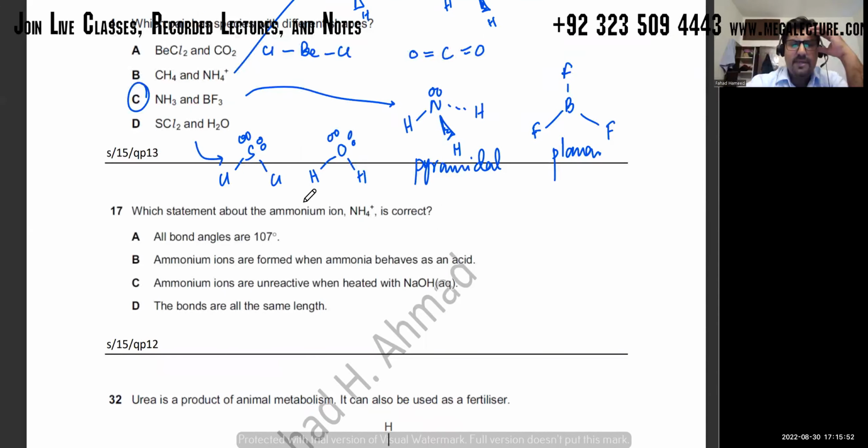Then the next statement: the ammonium ions are correct. Remember, it's 4 bonds, right? With the lone pair also ending up forming a bond and attracted to H plus 1. The 4 bonds, that's 109.5, not 107.